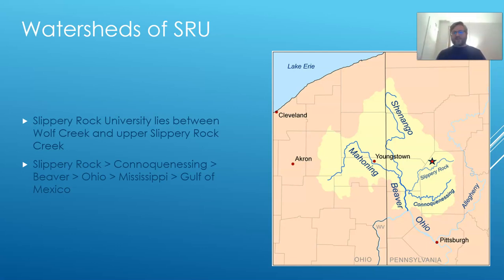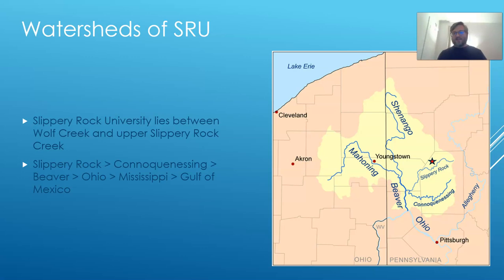As I said, Wolf Creek is a tributary of Slippery Rock Creek, and it's small enough that it's not shown on this particular map. But Slippery Rock Creek is a tributary of Connoquenessing Creek, which is in turn a tributary of the Beaver River, which flows into the Ohio River, which then flows into the Mississippi River, which flows into the Gulf of Mexico.